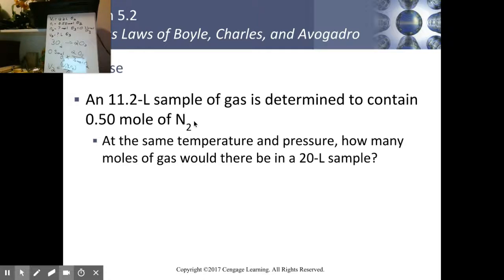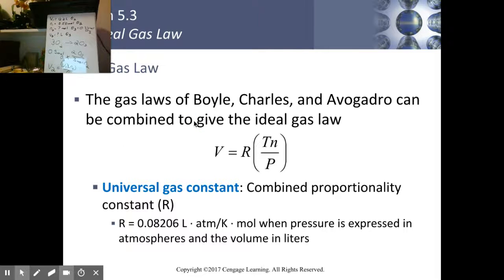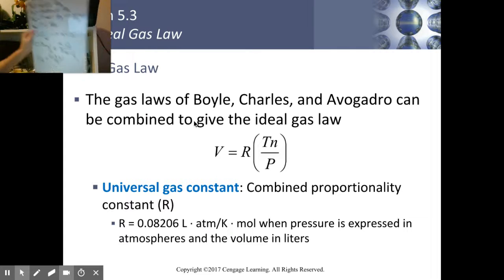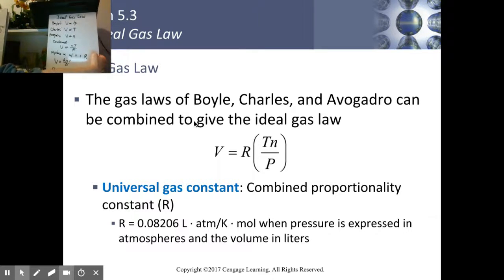All right. So now let's go ahead to the ideal gas law. For the ideal gas law, we are using all of the other laws that we've already practiced: Boyle's law, Charles's law, Avogadro's law, and the combined gas law.